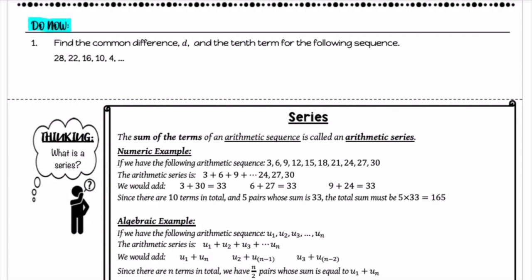Do now. For today, you are going to be looking for the common difference, d, and the 10th term for the following sequence. I'm going to make you pause the video and try this on your own.